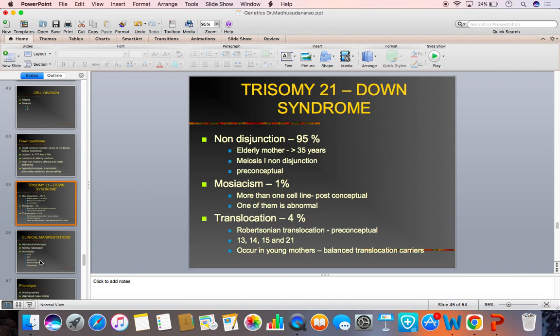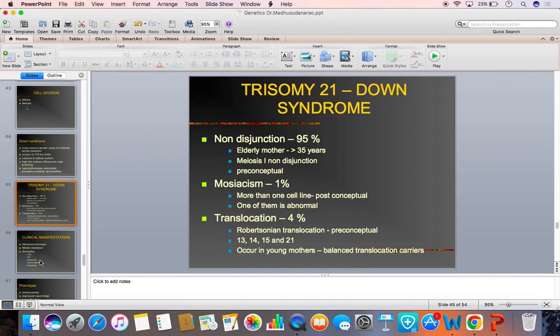That is a segment, the long arm of the 21 chromosome, or a total 21 chromosome, remaining in one of the daughter cells. Okay, that means a pair of 21 chromosomes and the rest of the chromosomes in normal number are there in the ovum due to non-disjunction.